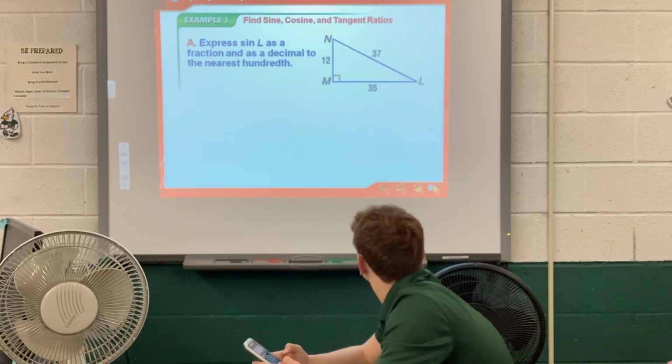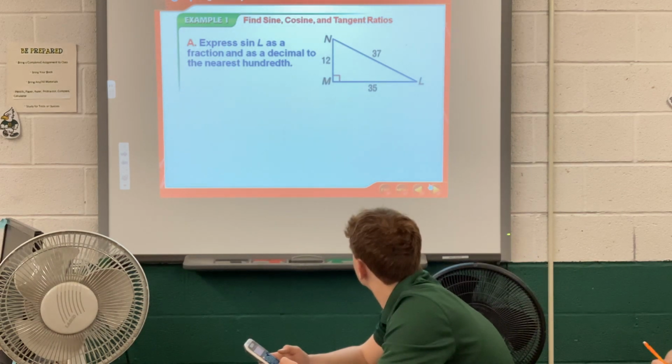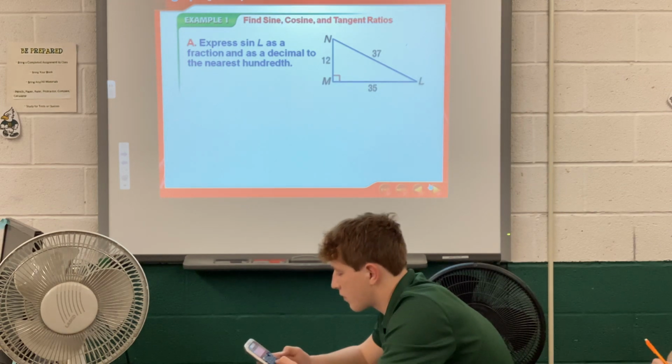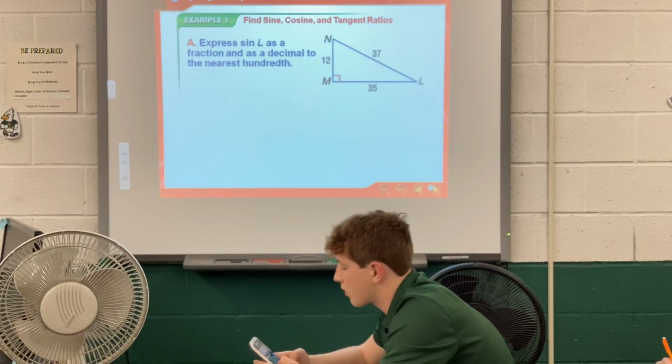The little letters tell us the sides that we're going to use. Remember now, when I'm asked to find the decimal in this section, I don't use the sine, cosine buttons on my calculator. I might have to use my calculator, but I don't use sine, cosine, and tangent.